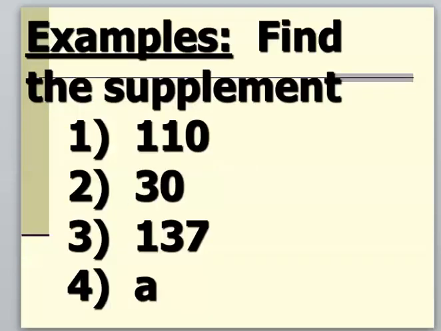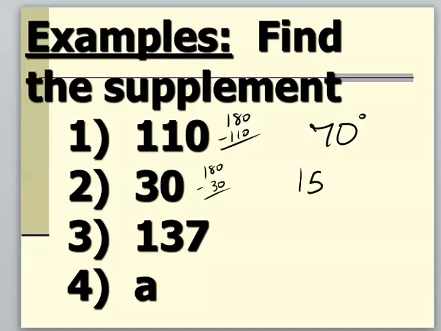For example, number 1, find the supplement of 110 degrees. It's what you would put with 110 to make 180. So 180 minus 110 means the supplement is 70 degrees. Number 2, to find the supplement of 30 degrees, it's what you would put with 30 to make 180. So 180 minus 30 is 150 degrees.